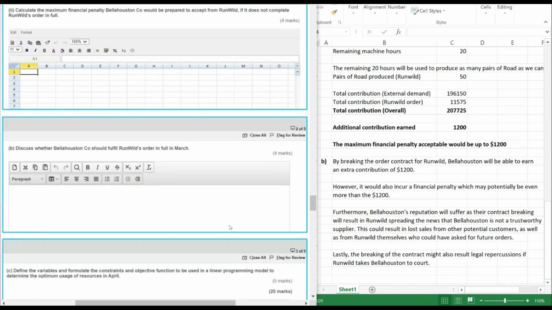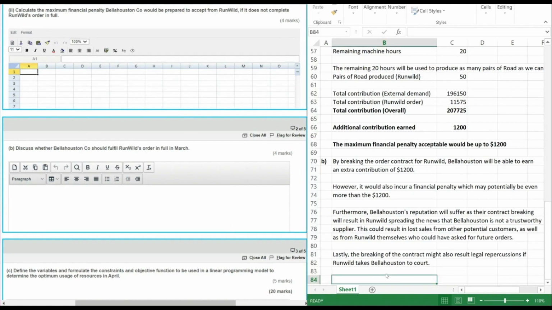It says discuss whether they should fulfill. So we'll just end with a small piece of advice.